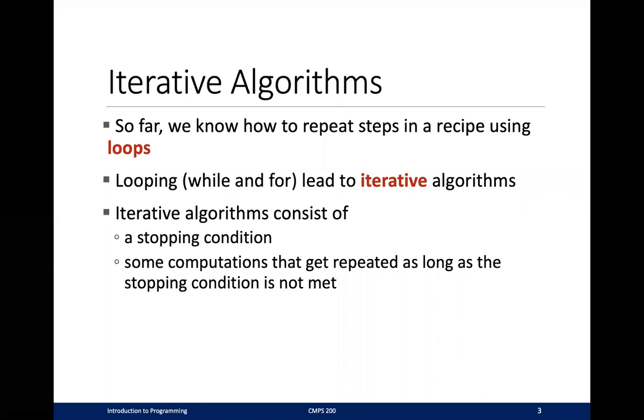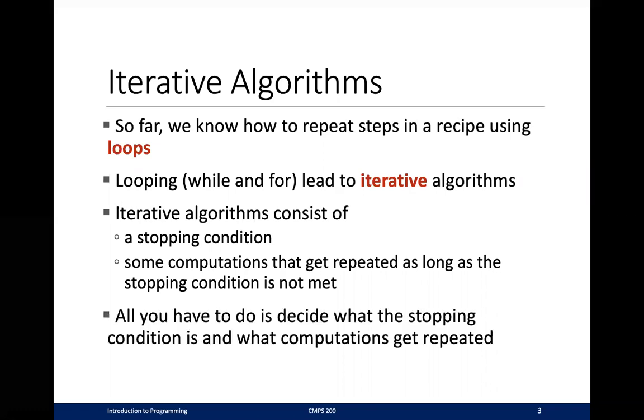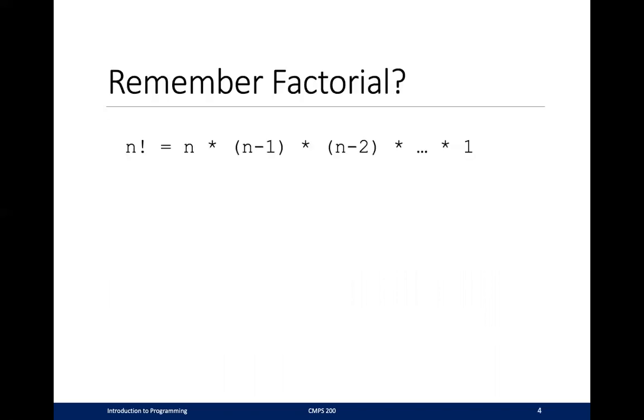And then inside the body of the loop, you specify what is going to be repeated as long as the stopping condition is not met. So to write an iterative algorithm, all you have to do is decide these two steps: what is the stopping condition, and what computations get repeated? Okay?